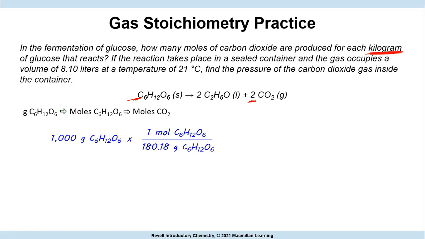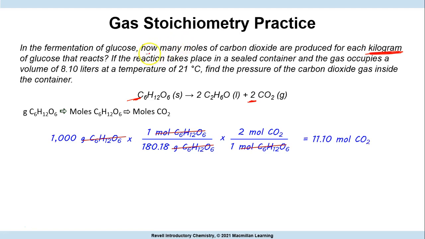In this case, 2 moles of carbon dioxide will be at the top and 1 mole of glucose at the bottom, so that they can cancel out. We multiply by 2 over 1 mole, so that the moles of glucose cancel out and we are left with moles of carbon dioxide. That gives us a value of 11.10 moles of carbon dioxide. That is the first part.